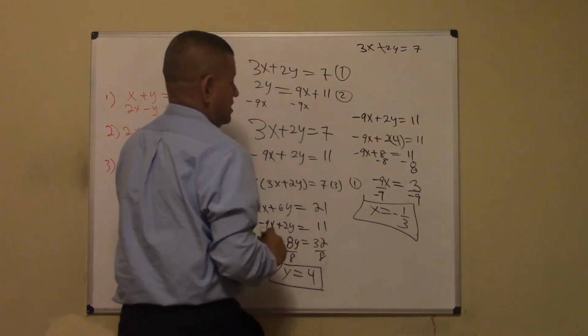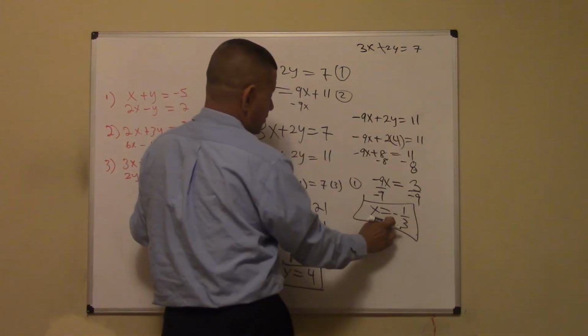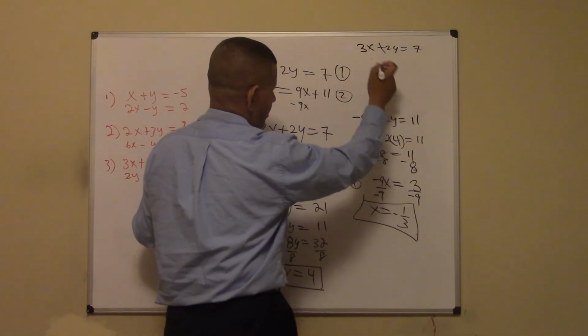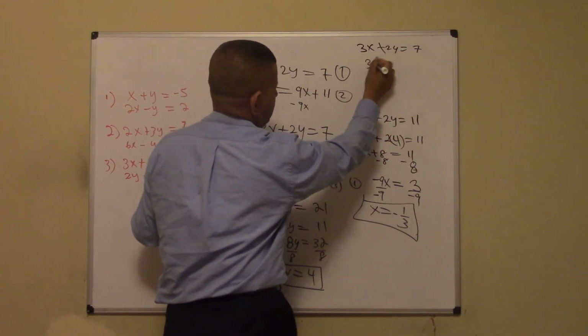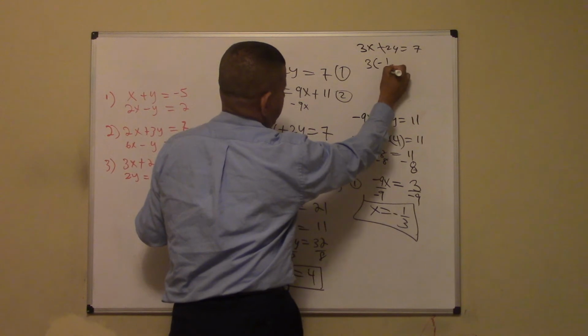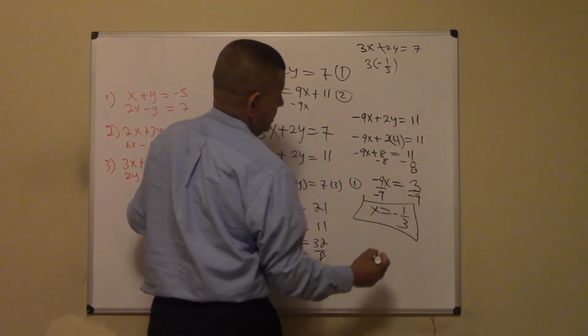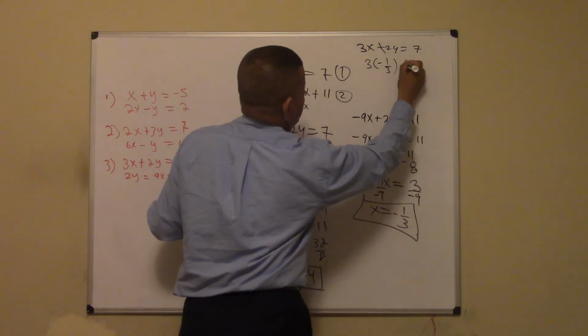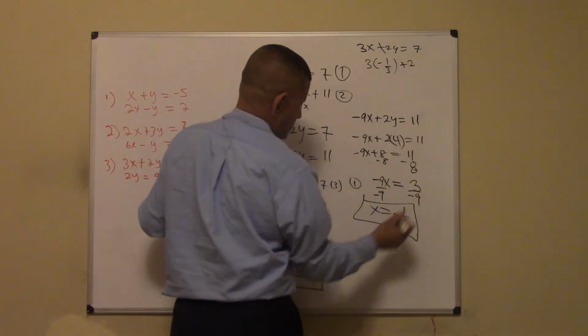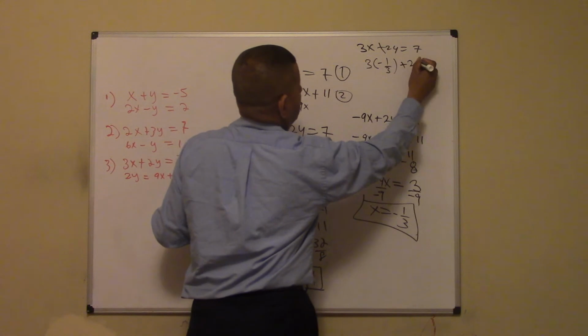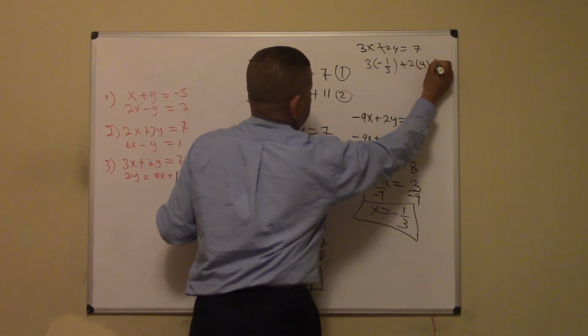If I plug in the value for x, I get 3 times negative 1/3 plus 2 times 4 equals 7.